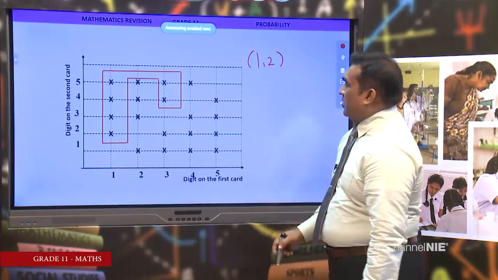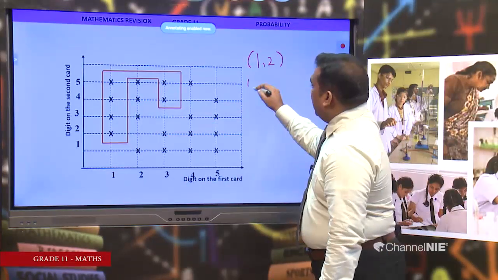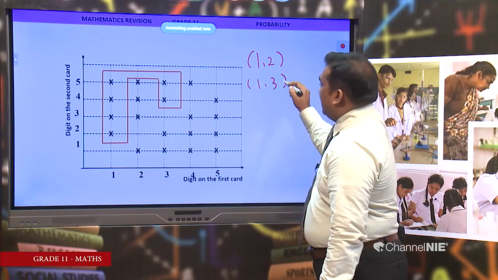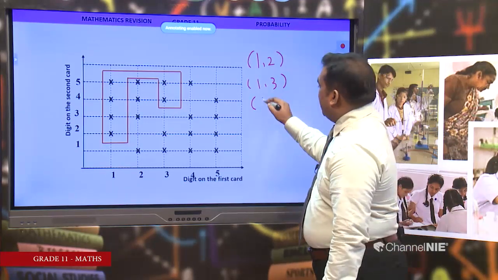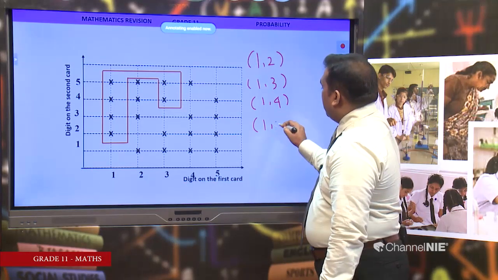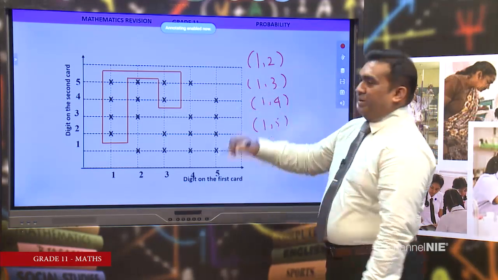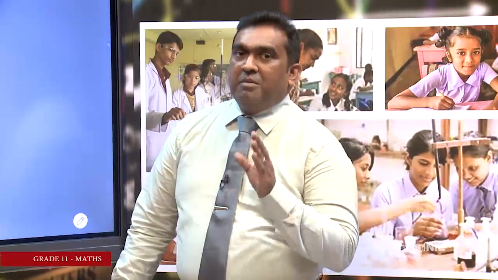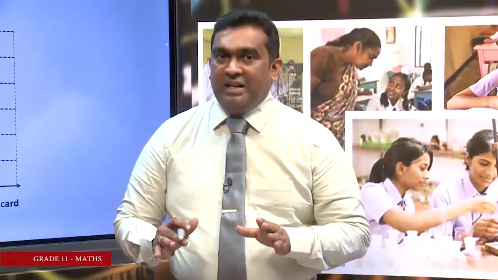Here 1, 3. 1, 4. 1, 5. So on. Now try to identify the number of elements according to the given case, right?